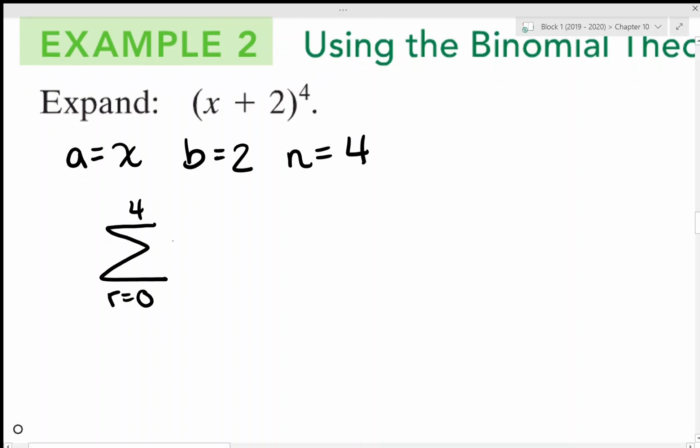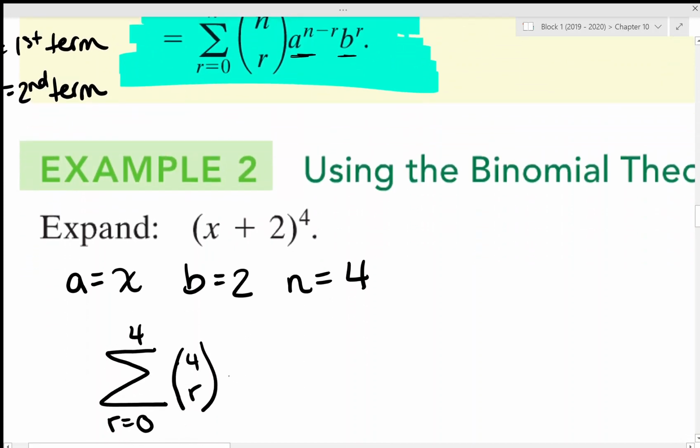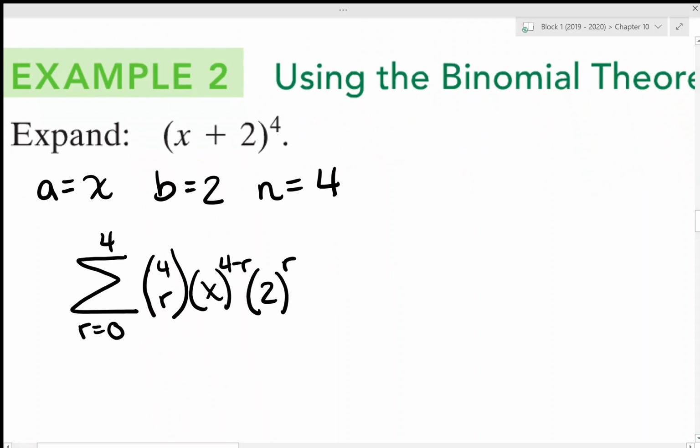And then it is your N, which is 4, above R, because your R changes, keep it R. Your A to the N minus R power, so it's x to the 4 minus R power times my B, 2, to the R power. Now take your time writing this all out.